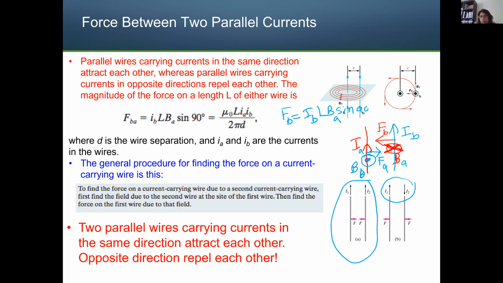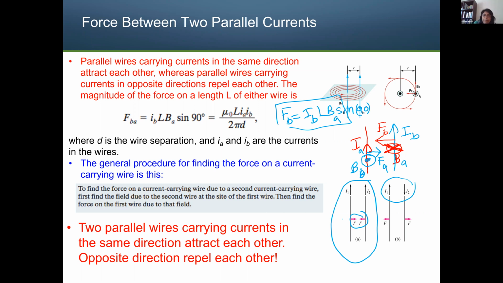So that will be the magnetic force created on the other one. You do exactly the same thing for FA. FA will be IA times L times B sub B. Now these two are equal and opposite always, because they have a connection. If you calculate and check that they have the same length, then they will be equal to each other.